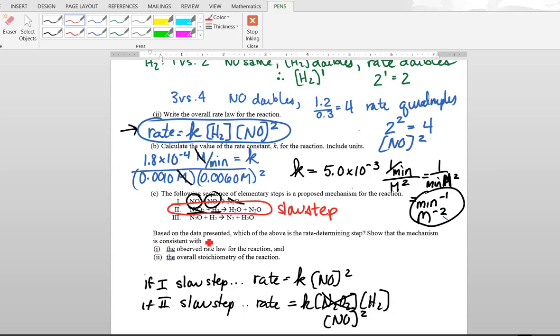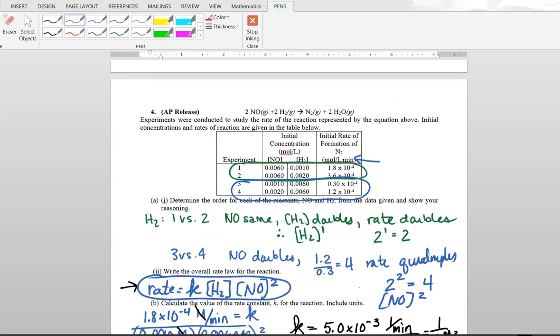So it asks us to show that this slow step would match with the observed rate law, which is kind of what we're doing here. You want to also show that it matches the overall stoichiometry. What that means is you want to show that when you add together these reaction steps, you end up with an overall reaction that matches the one that is given up here.